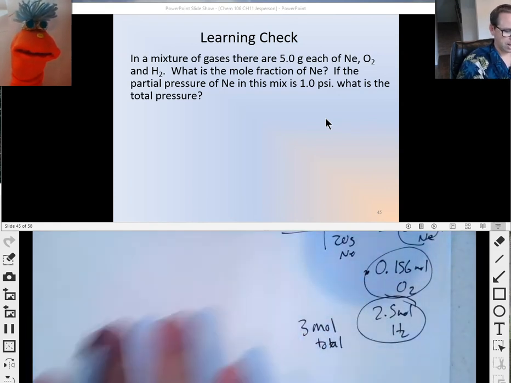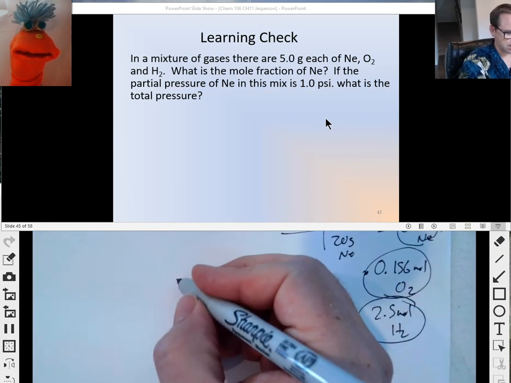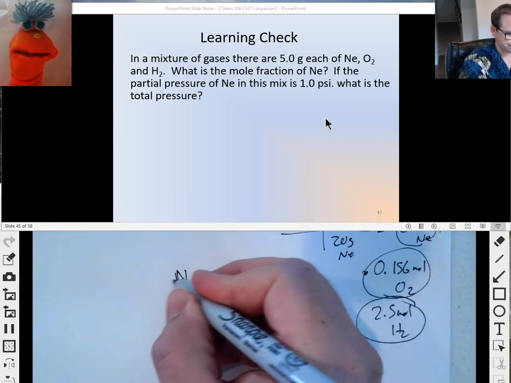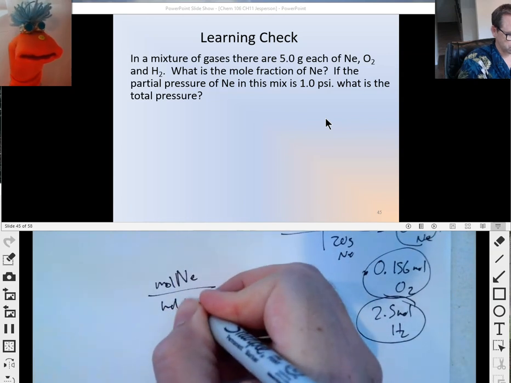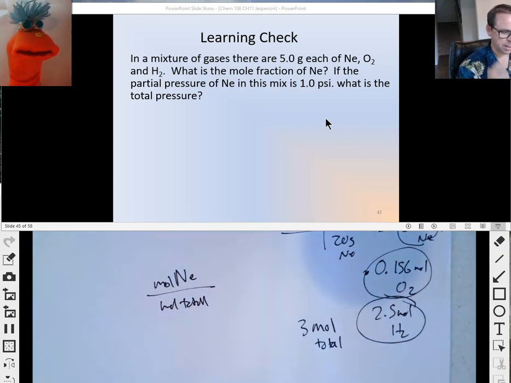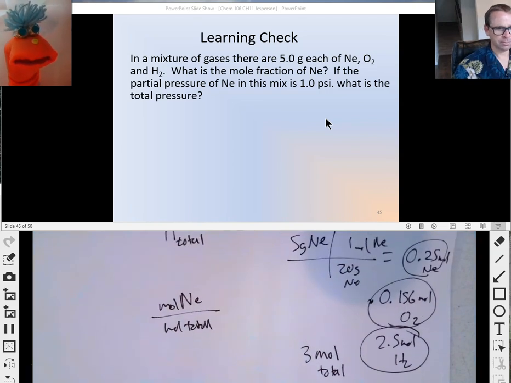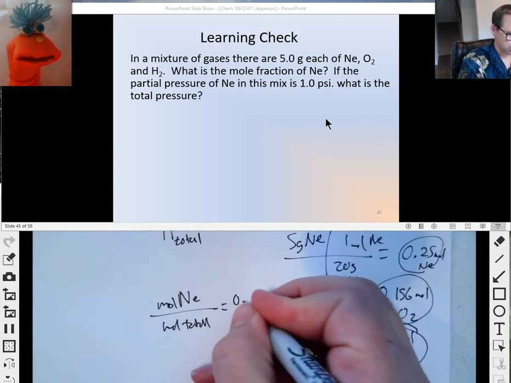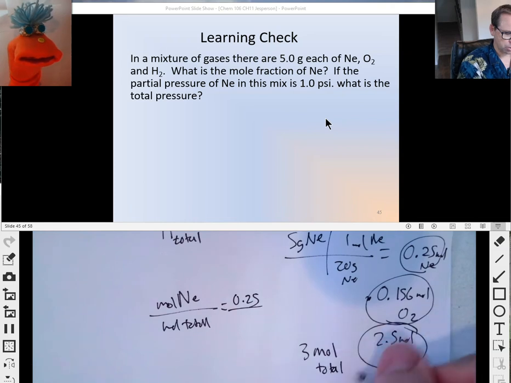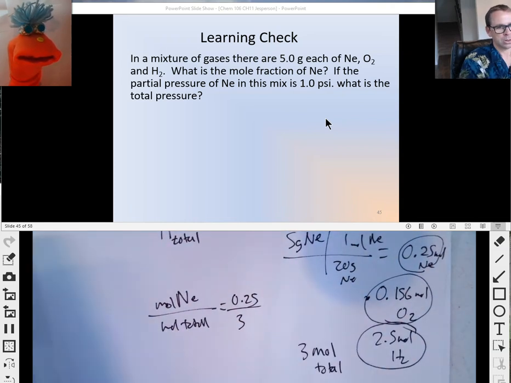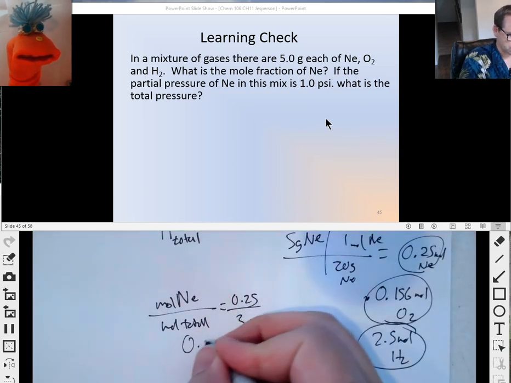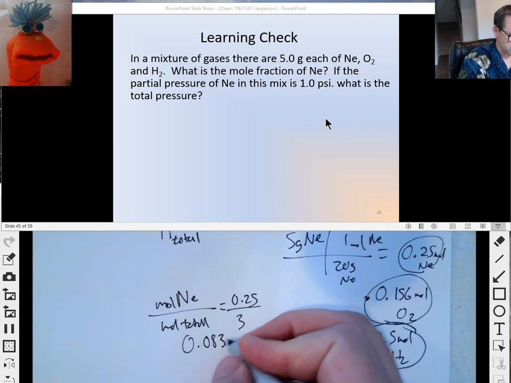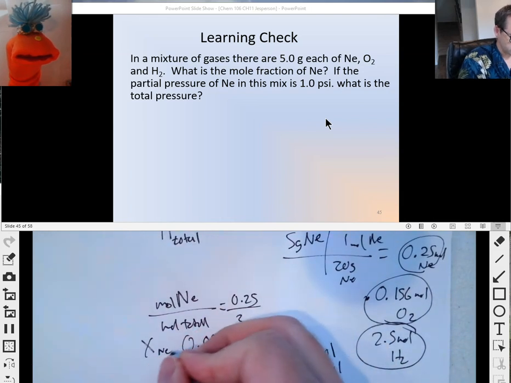And then to find my mole fraction, I take the moles of neon and divide it by the moles total. How many moles of neon did I have? 0.25. That's right. So 0.25 divided by 3 should be my mole fraction. 0.083 is my mole fraction of neon.